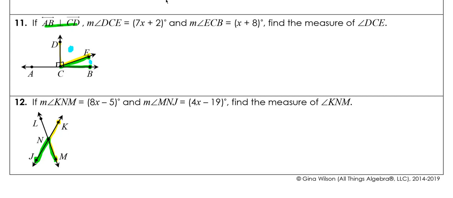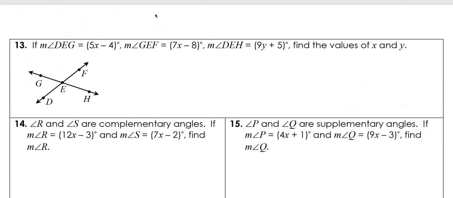Well, this angle plus this angle is equal to how many degrees? That's a linear pair, so they're equal to 180 degrees because it's supplementary. So I just have to add those together and set them equal to 180. Right. Now try 13 on your own. It's a little bit more of a challenge, and then see how you do.